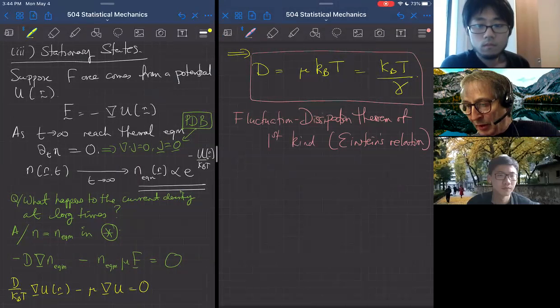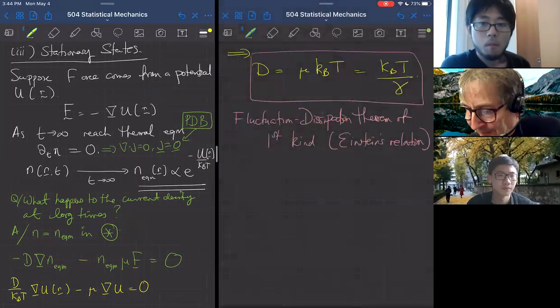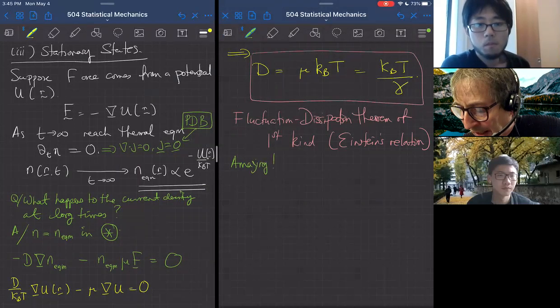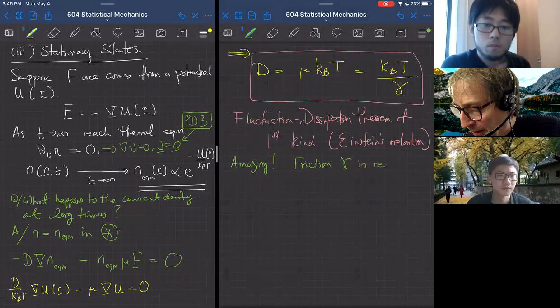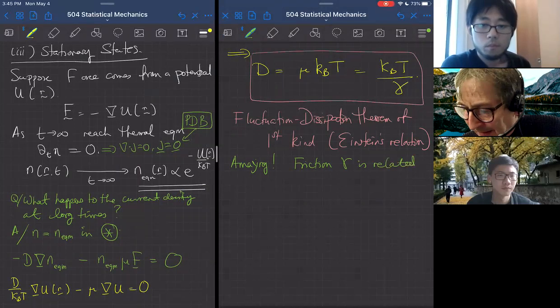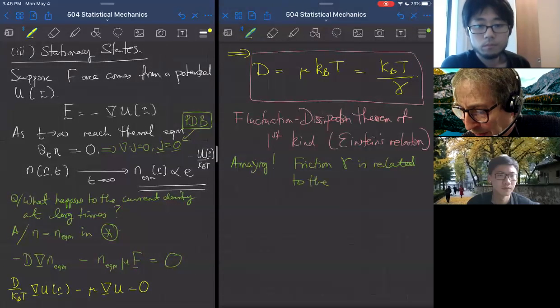And so what does this tell us? This is a really amazing result, and it's amazing for the following reason. What it says is that the friction, gamma, is related to the diffusion coefficient.